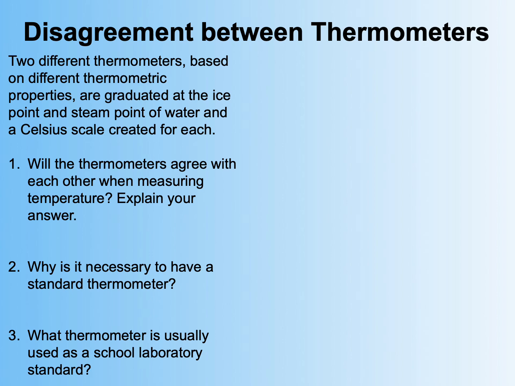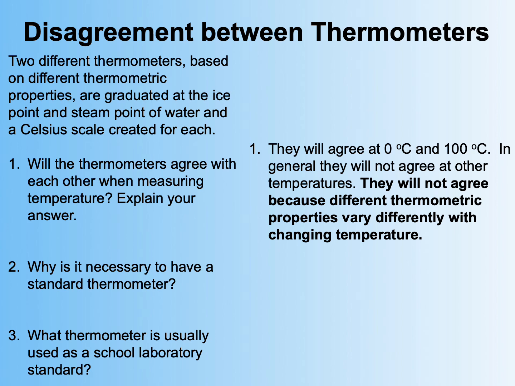Number 1: will those two thermometers agree with each other when measuring temperature? Explain your answer. Number 2 is why we have a standard thermometer, why is it necessary? And number 3 is what is that standard? So which thermometer is usually used as a school lab standard thermometer?